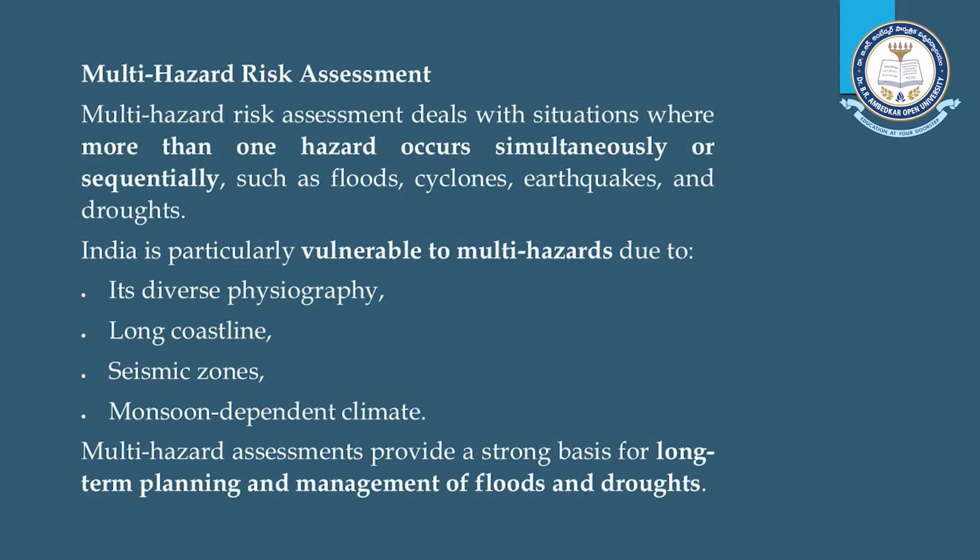Then another concept is called multi-hazard risk assessment. What is a multi-hazard risk assessment? It deals with situations where more than one hazard occurs simultaneously or sequentially, such as floods, cyclones, earthquakes and droughts. If this situation occurs, we call that multi-hazard risk assessment.